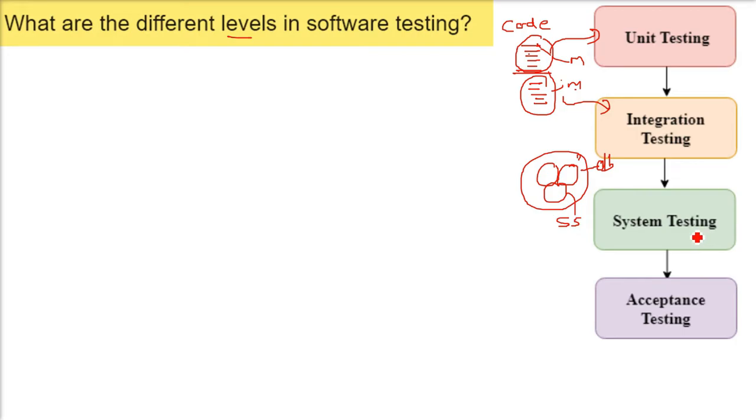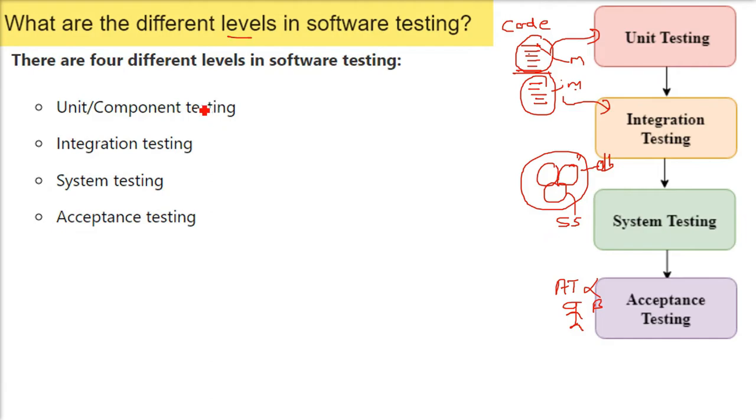That is called system testing, the actual testing after the system has been created. And finally, the user will test. That is called acceptance testing. Alpha and beta testing are this kind of acceptance testing. So there are 4 different levels in software testing: unit (component) testing, integration testing, system testing, and acceptance testing.